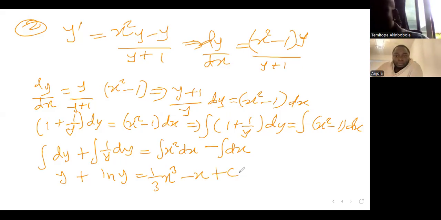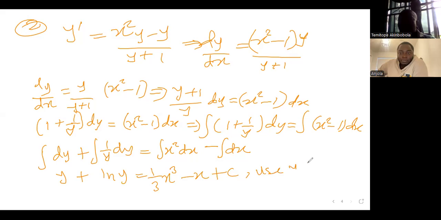Now, I think we are given a condition to use. Yes, solve it with the initial value y of 3 equals 1. So we now use y of 3 equals 1, which simply means when s is 3, y is 1.